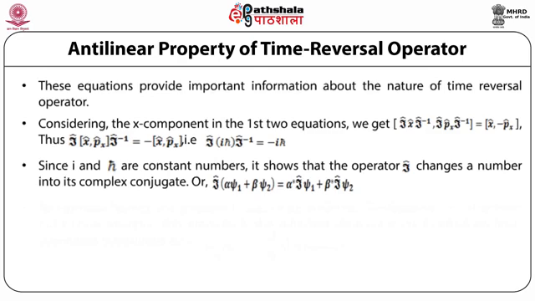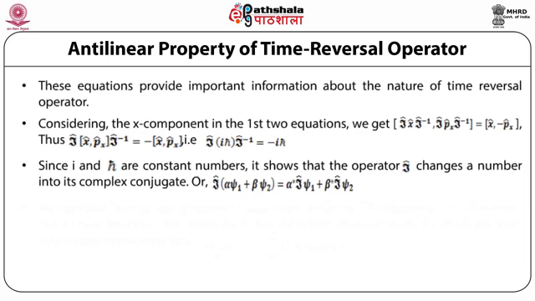And thus, if we have a sum of two such numbers or wave functions, that is alpha times psi 1 plus beta times psi 2, then the time reversal operator acting on alpha times psi 1 plus beta times psi 2 gives us the complex conjugate of alpha times the time reversal operator acting on the wave function psi 1 plus the complex conjugate of beta times the time reversal operator acting on the wave function psi 2.